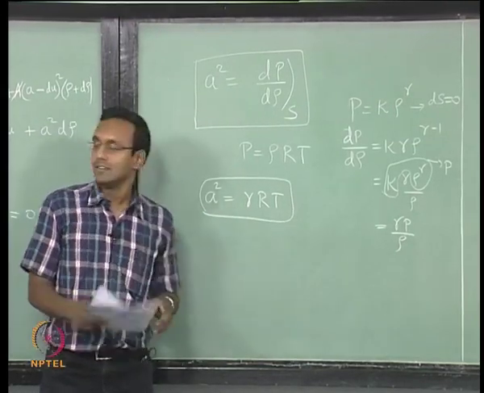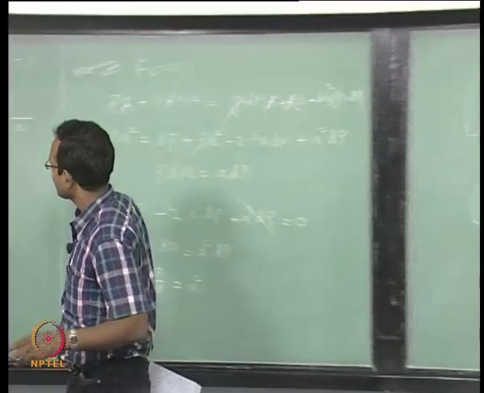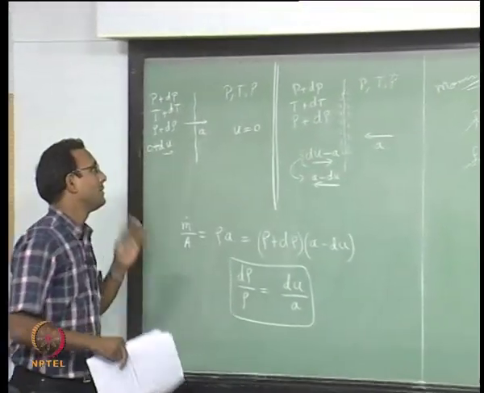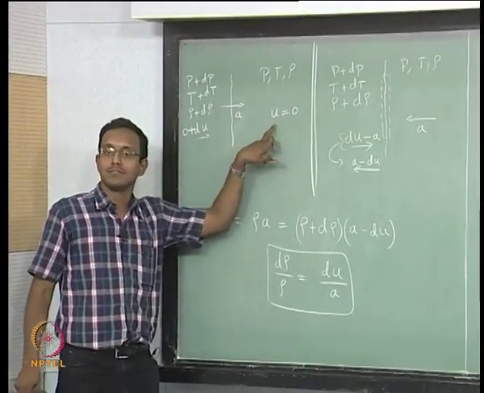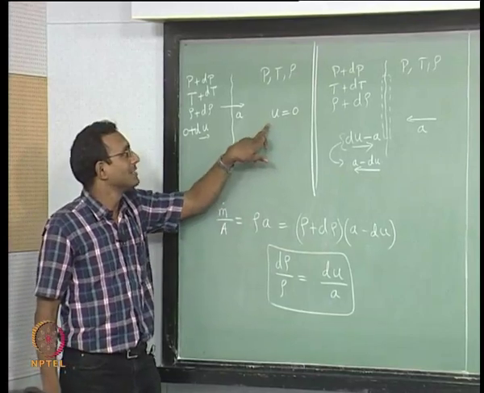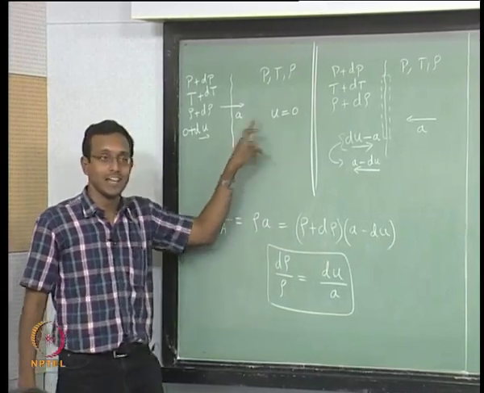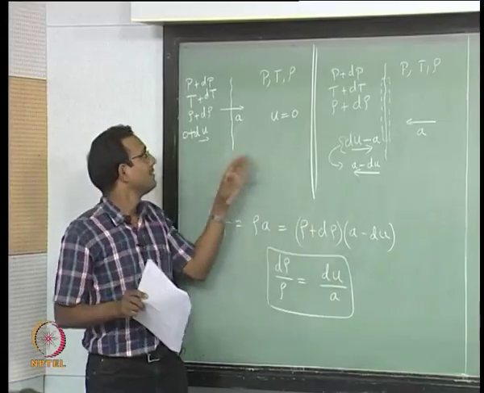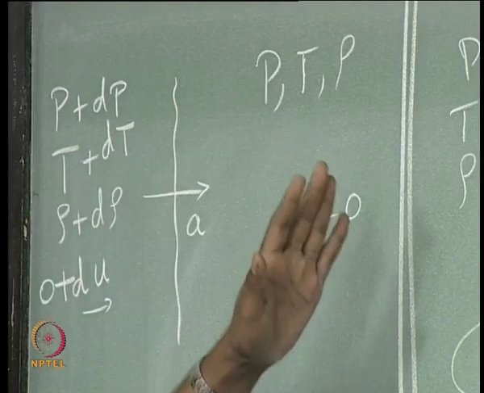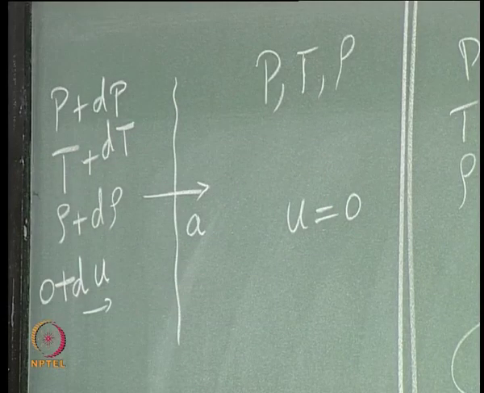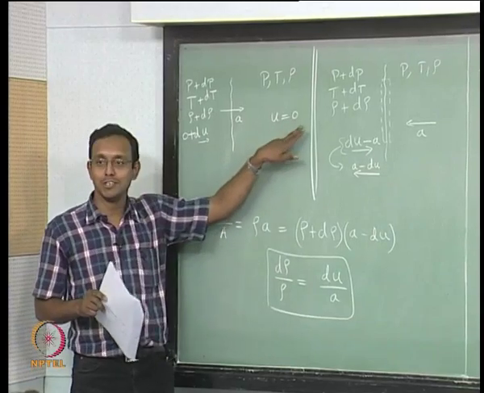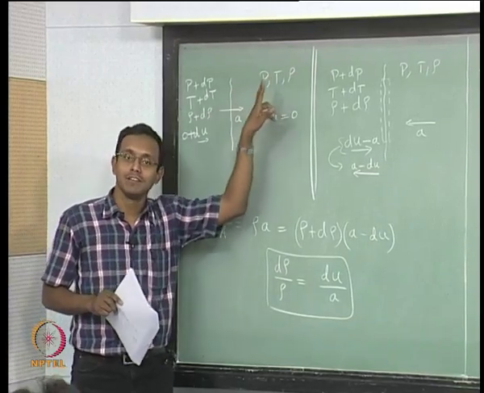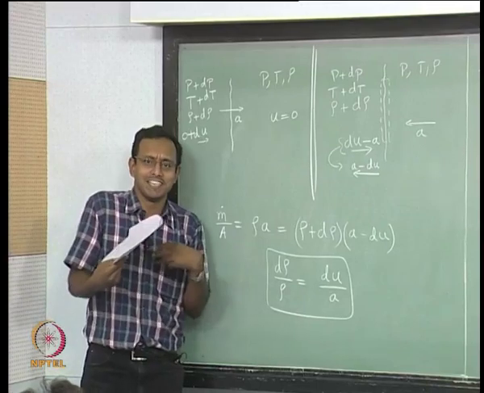We started at this corner. We said that we are doing all this analysis for u equal to 0, that is, the gas is still in the air and I am having a weak wave moving through this. I am not going to derive the whole thing again for u not equal to 0, but equal to some capital V. You can solve this, I will just leave it as an exercise for you.